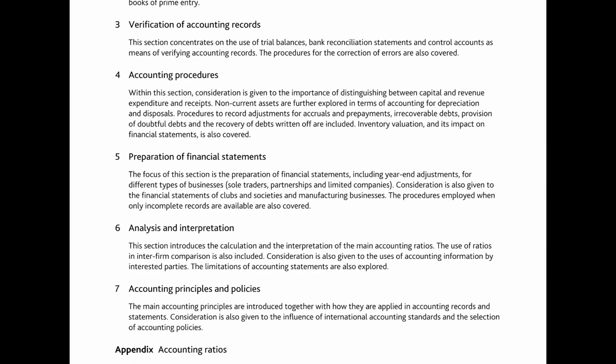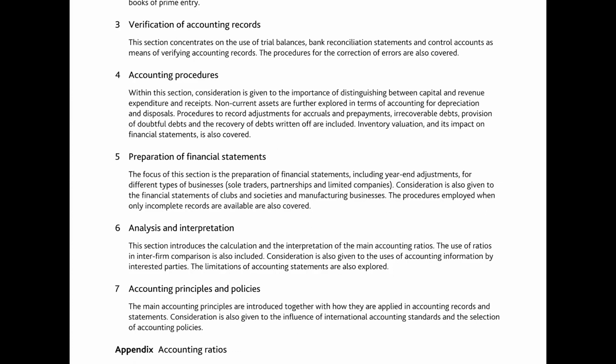When you are selling a non-current asset, for example, you acquired an equipment, then after some time you decide to sell it. That is not called a sale. We call it disposal. That is clear. Then we'll show you the procedure to record the adjustment for accruals and prepayments.